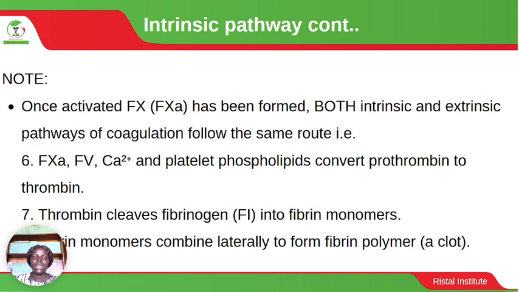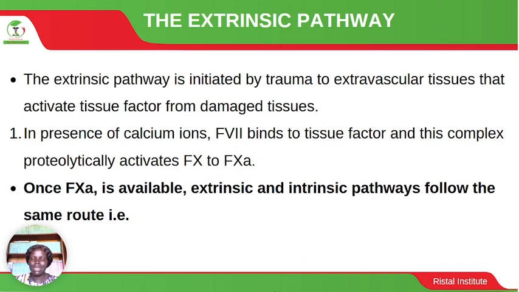For instance, factor 10A, factor 5, calcium ions, and platelet phospholipids convert prothrombin to thrombin. Then thrombin cleaves fibrinogen into fibrin monomers. Fibrin monomers combine laterally to form fibrin polymers, which is now termed as the clot that you normally see after a little while when you get hurt.